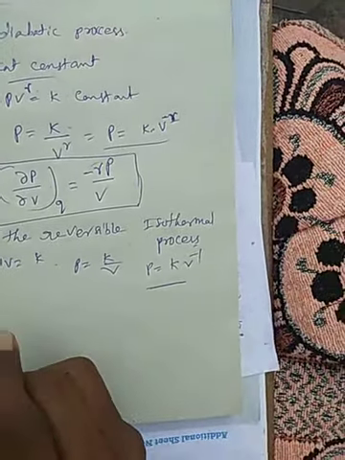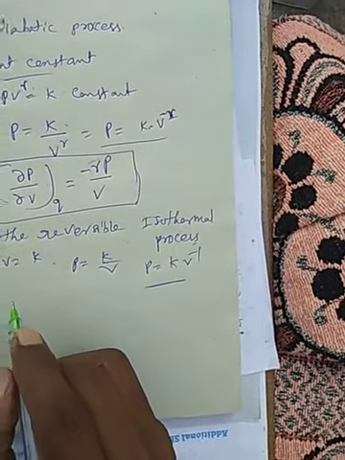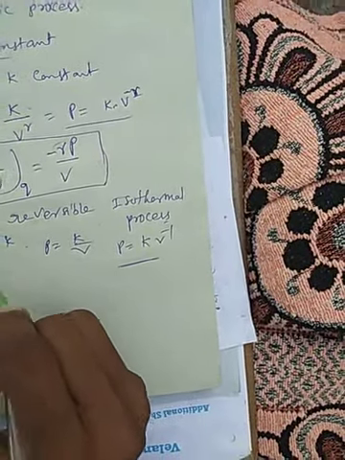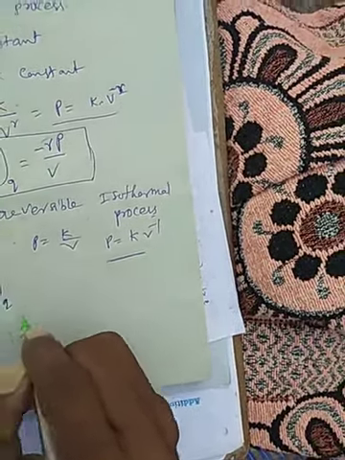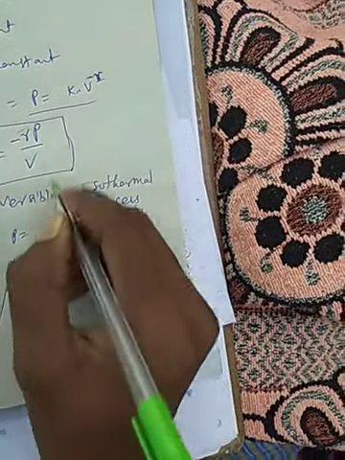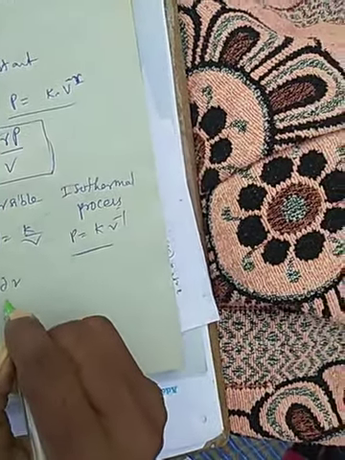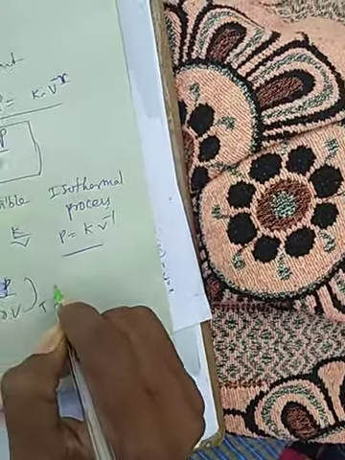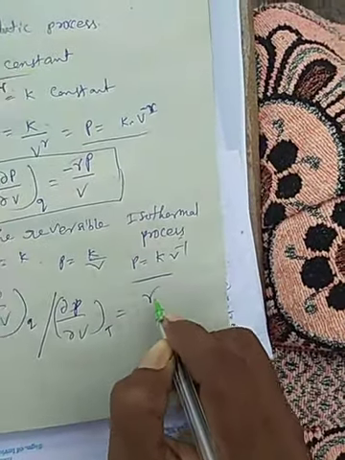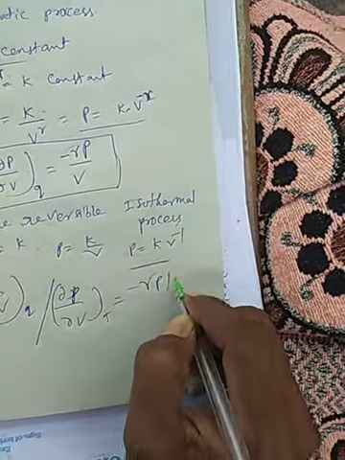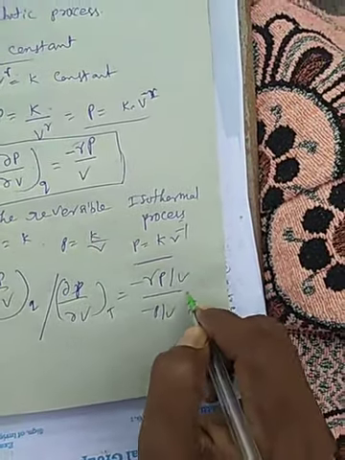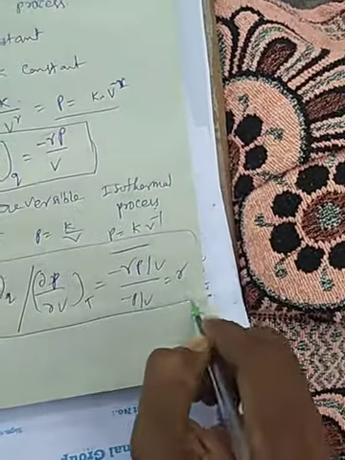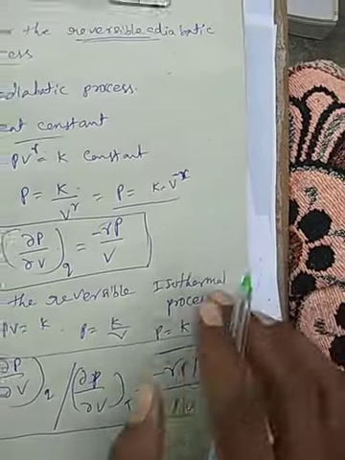In this equation we can write dou P by dou V at constant temperature is equal to minus P by V. While for the adiabatic process it is minus gamma P by V. This is one more equation we can discuss. The formula is very important for the gas.